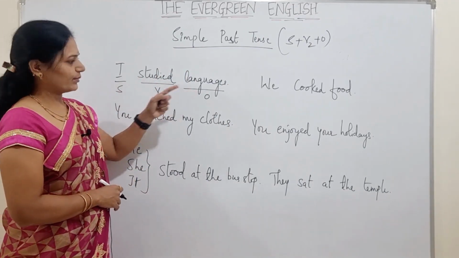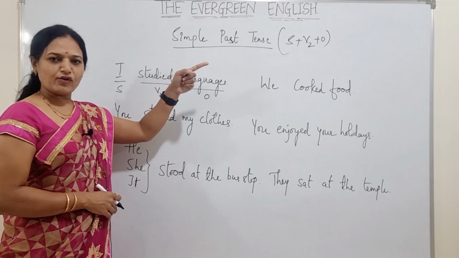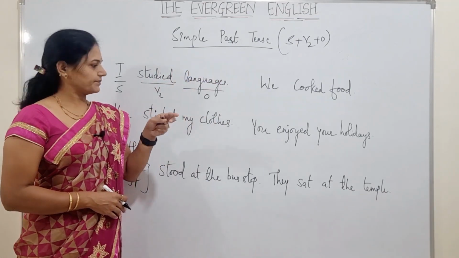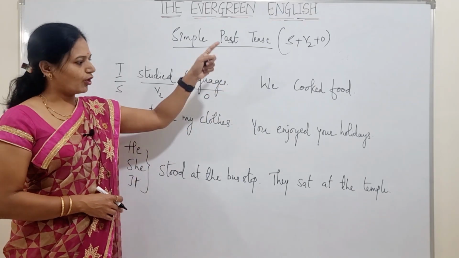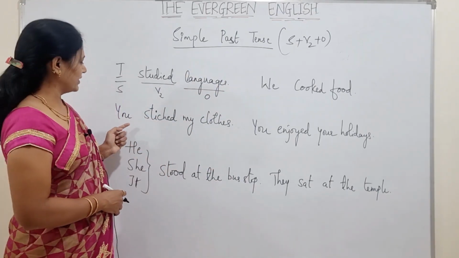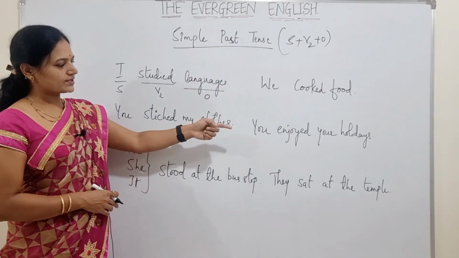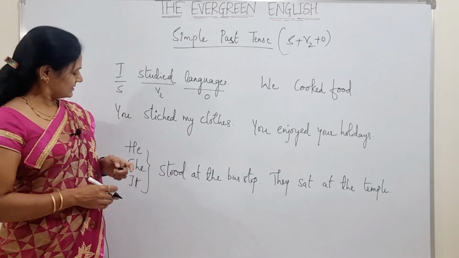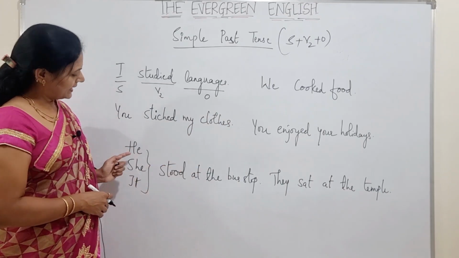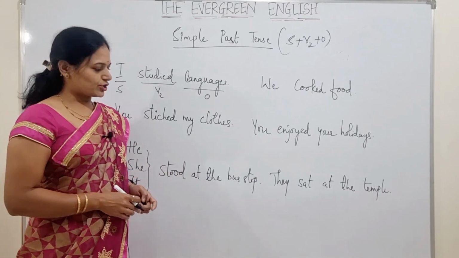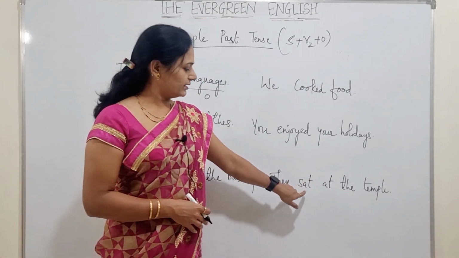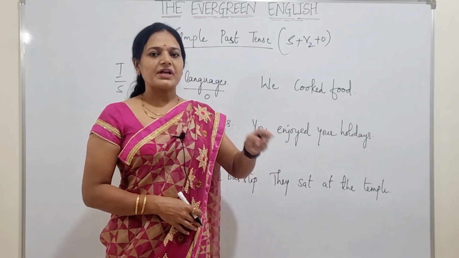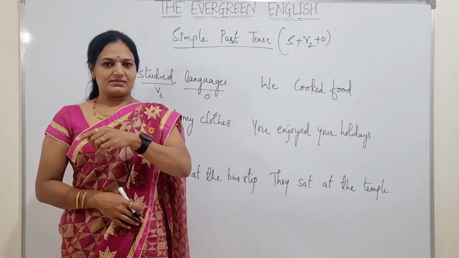I studied languages. Subject plus V2 form of the verb plus object. We cooked food. All are in V2 form. You stitched my clothes. You enjoyed your holidays. He, she, it stood at the bus stop, and they sat at the temple. Here the V2 form: sit, sat, sat.